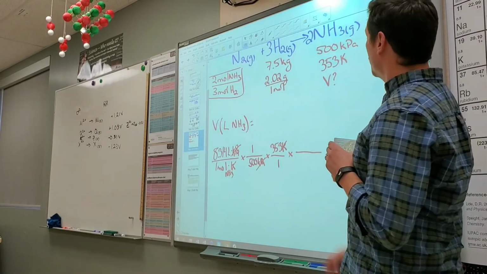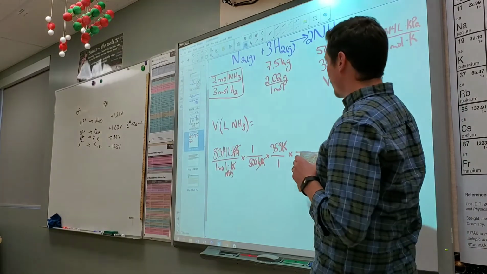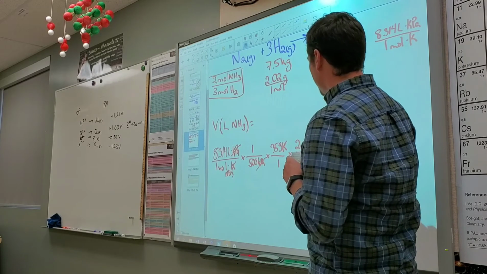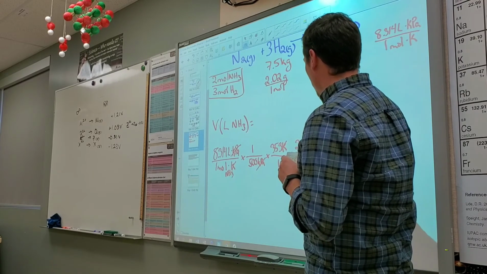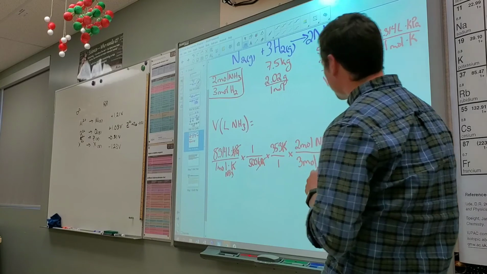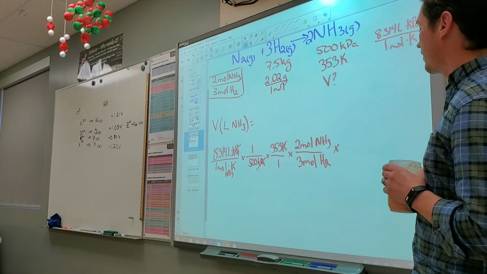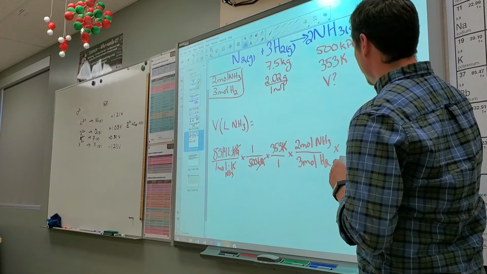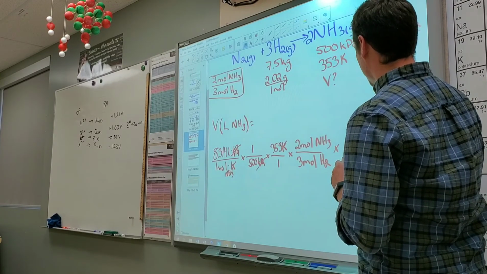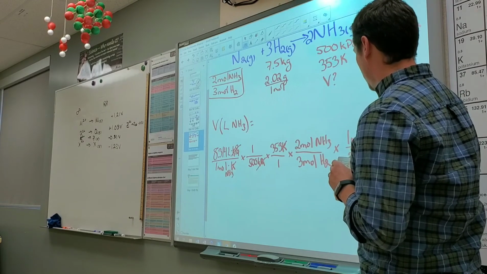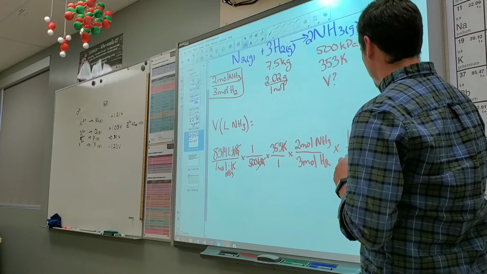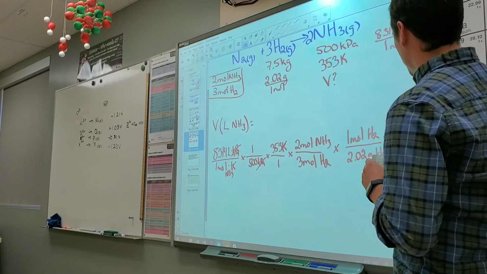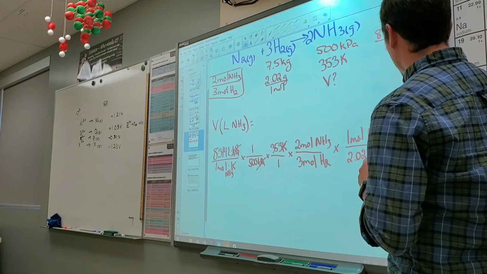You have to cancel out moles of ammonia using our molar ratio. 2 moles of NH3 over 3 moles of H2. Then we can cancel out moles of H2 using the molar mass. 2.02 grams of H2, and we started off with 7.5 kilograms of H2.